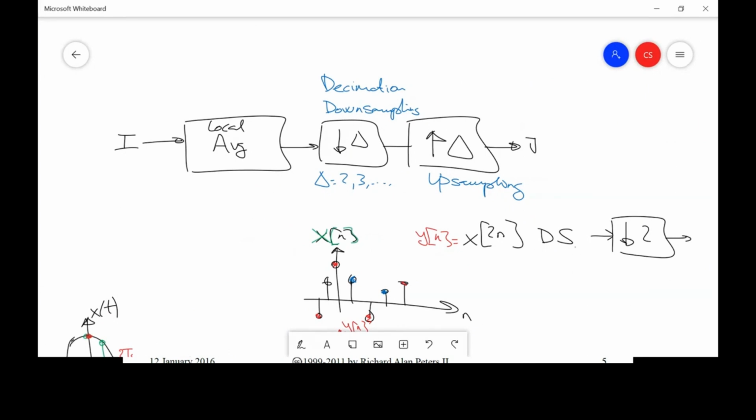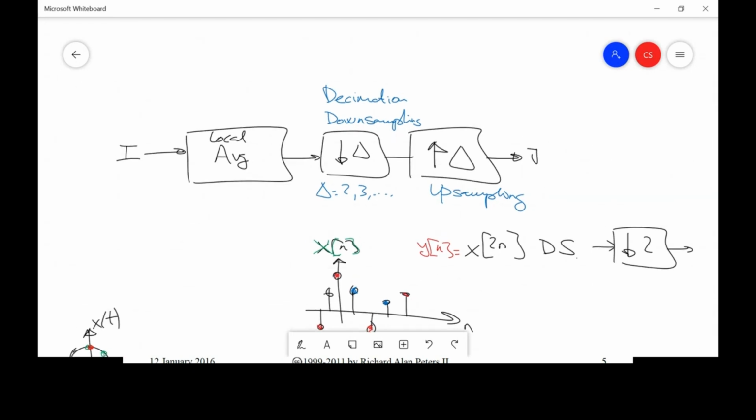And actually this local average is also related to that. So this is the filter for a factor 2. I will make it more clear.